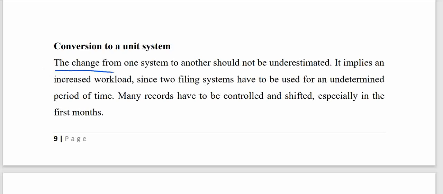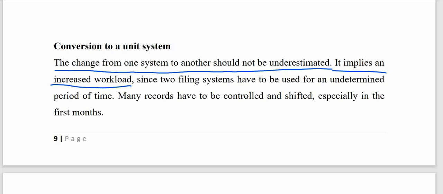All right, so the change from one system to another should not be underestimated. What does it mean? You don't need to take it for granted, right? It simply means there is increased workload. If you're thinking of changing from one system to another, there is a guarantee of what? Workload. So basically, you don't need to underestimate it.